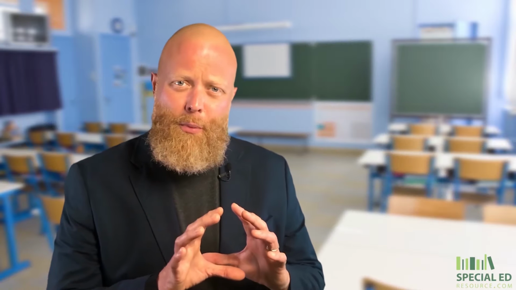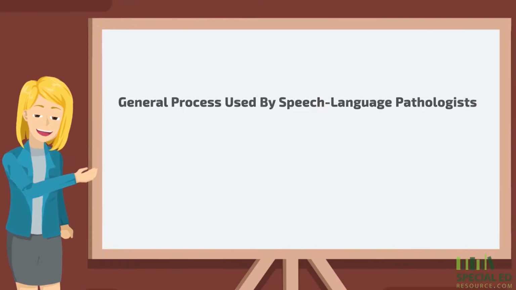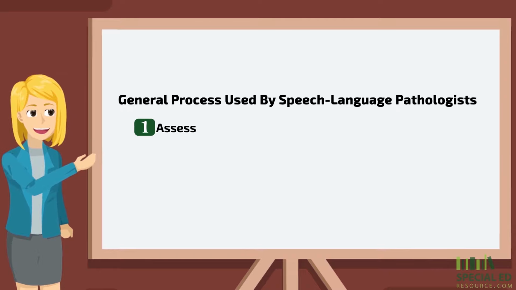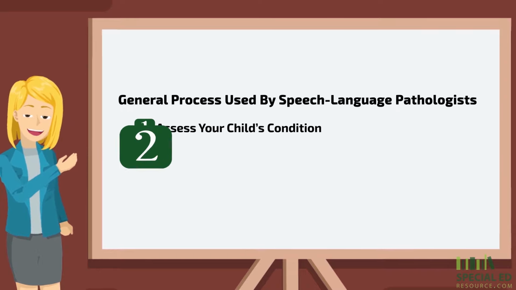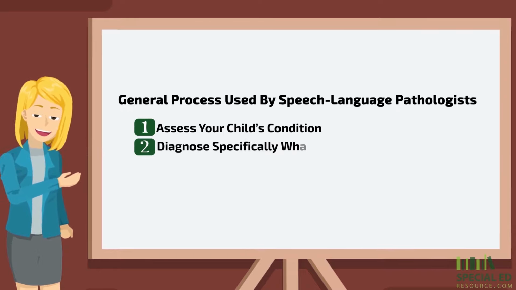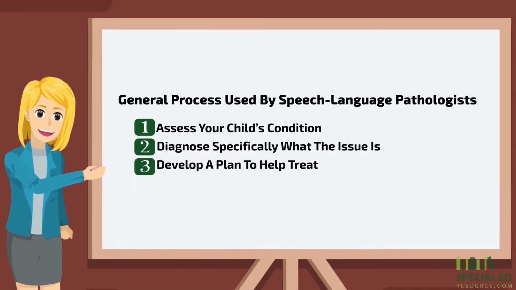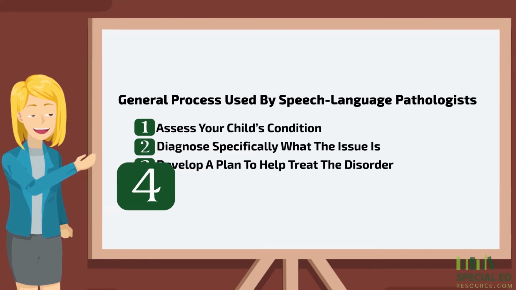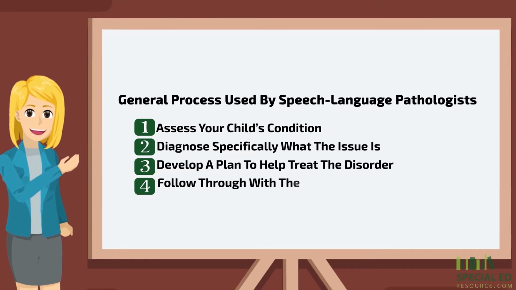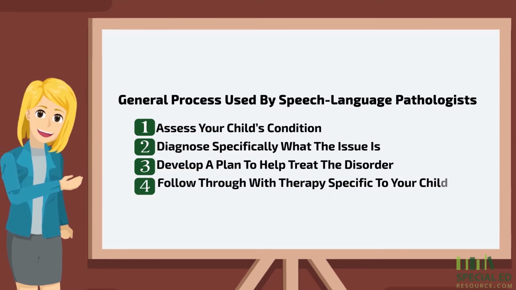Now, there's a general process most SLPs follow in order to gauge what your child needs. That process is, number 1, assess your child's condition. Number 2, diagnose specifically what the issue is. Number 3, develop a plan to help treat the disorder. And finally, follow through with therapy specific to your child.